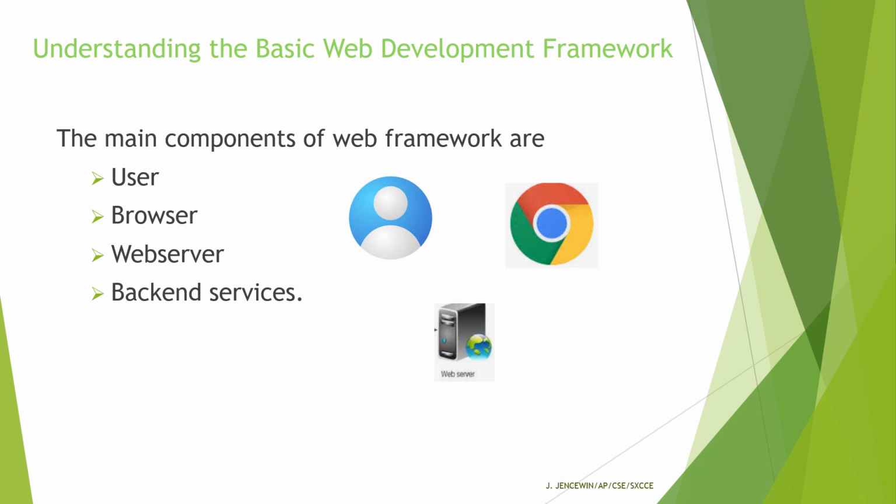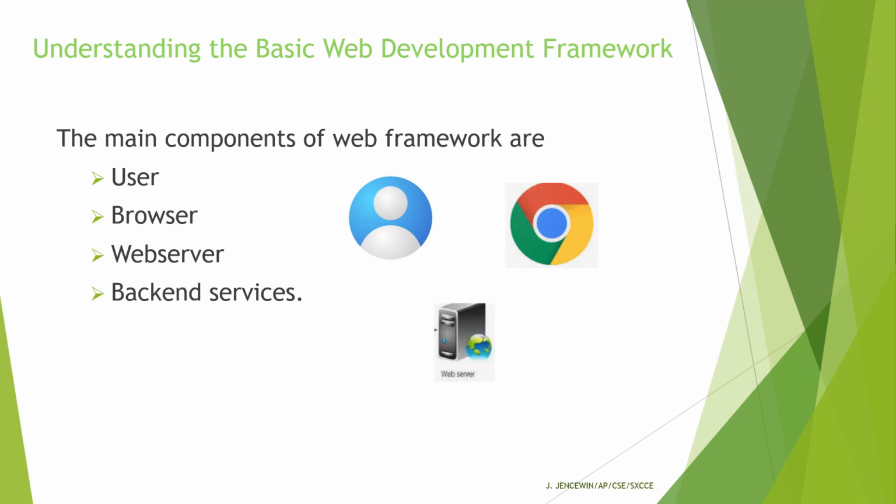User is nothing but the individuals who access or use the web application through the internet. So the individuals who are going to access or use a particular web application through the internet are referred to as the user here. And the second component is browser.